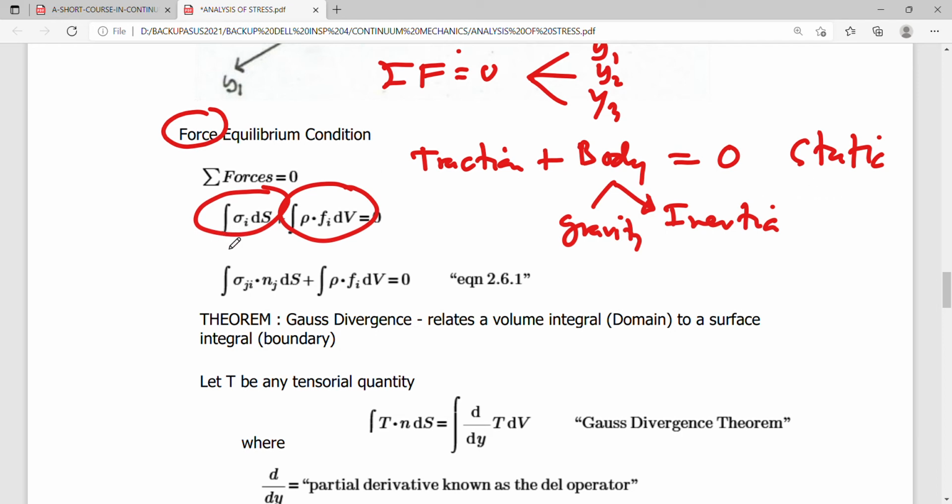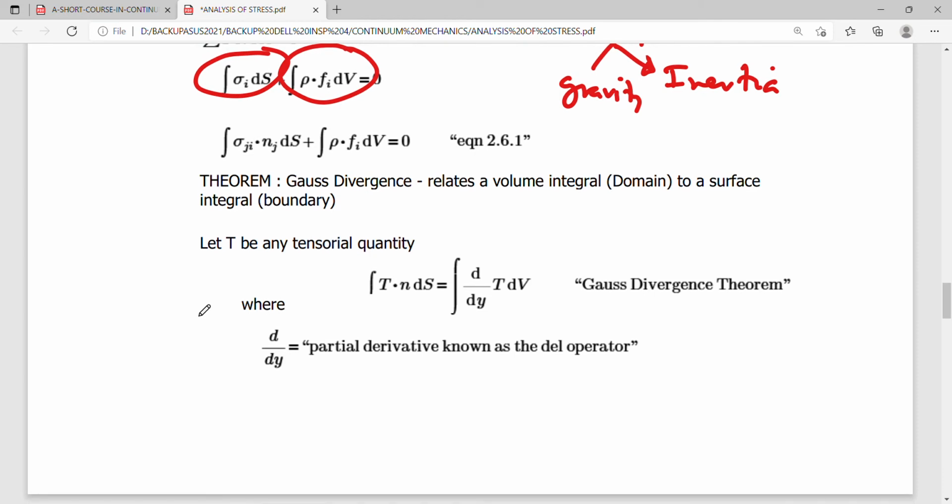By substituting the definition of a traction vector sigma i in terms of nj sigma ji, or sigma ji nj, we can now make use of equation 2.6.1 as your basis for your force equilibrium equation. But before we can continue, let us try to understand the divergence theorem, in terms of Gauss's proposition.